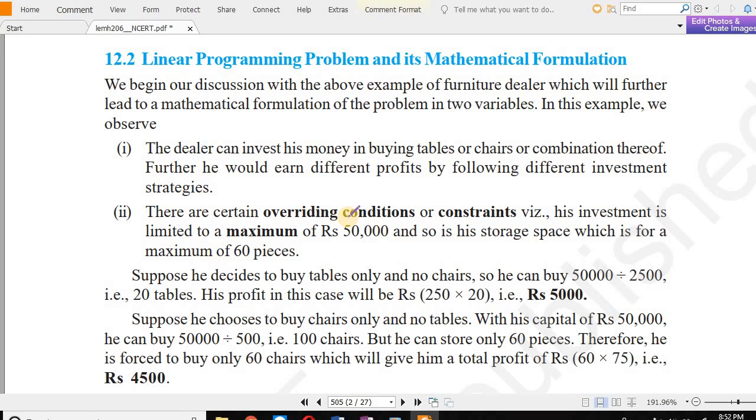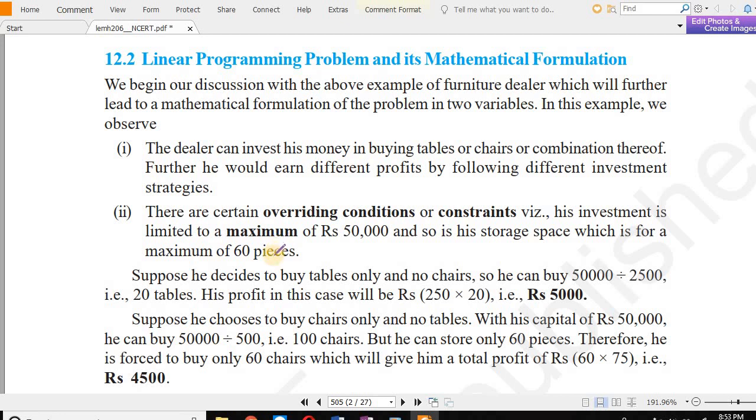Now, there's certain conditions or limitations, or we call them constraints. Right, he has maximum 50,000 rupees investment and maximum storage space 60 pieces. So these are called constraints, and we'll be calling such limitations constraints throughout the course. We'll see many different types of constraints. These constraints are rather simple.